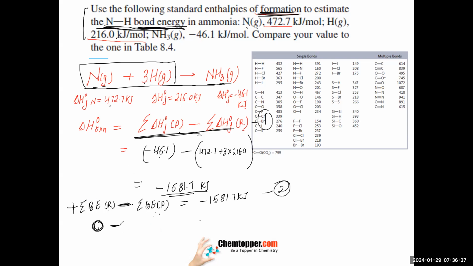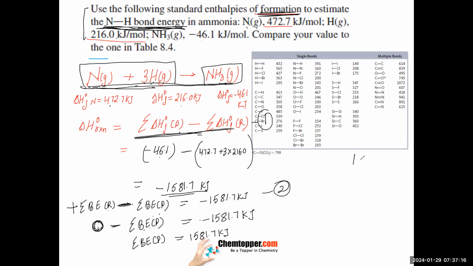So 0 minus summation of bond enthalpies of the product is minus 1581.7 kilojoules. You can see that there is no bond breaking. You have taken isolated atoms. Only bond formation is taking place in this reaction, right? So the summation of bond enthalpies of the product is this, minus minus will become plus 1581.7 kilojoules.